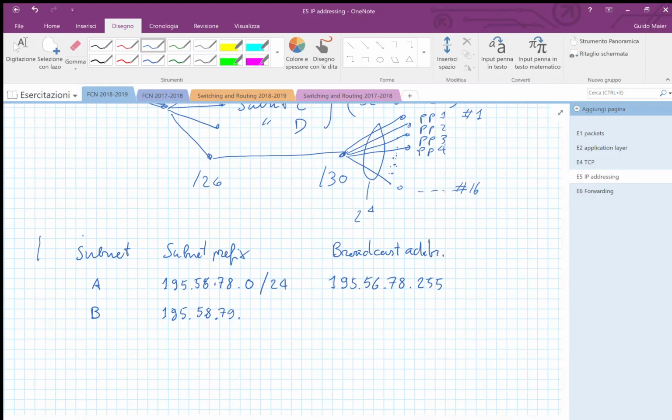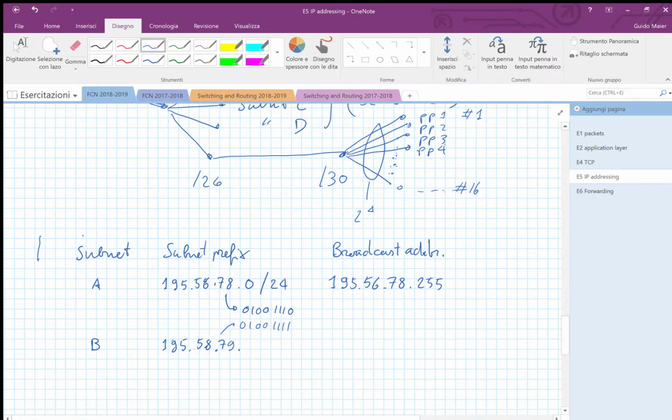We can also write it in binary notation. In binary notation, 78 is 0, 1, 0, 0, 1, 1, 1, 0. 79 is 0, 1, 0, 0, 1, 1, 1, 1. And this is allowed.